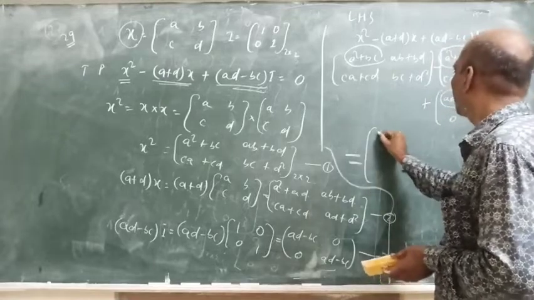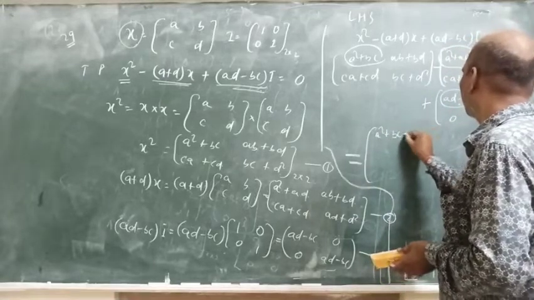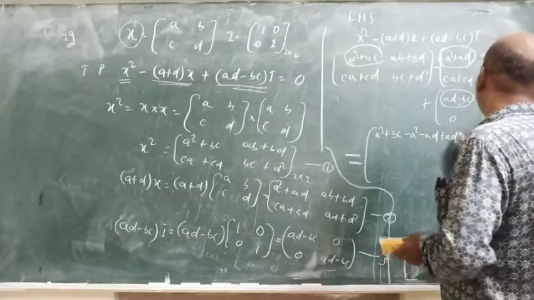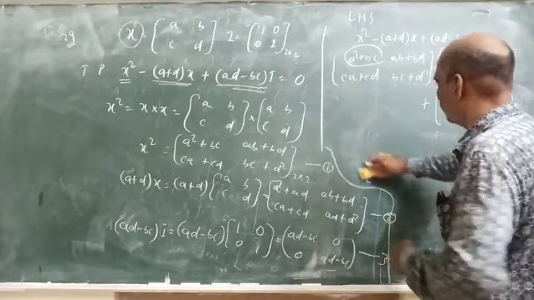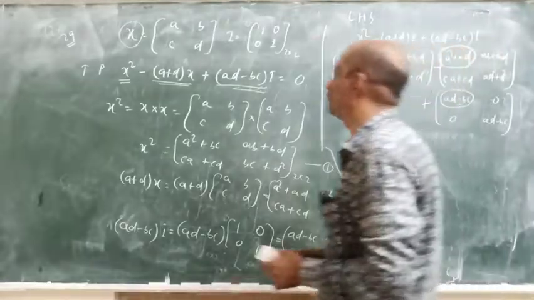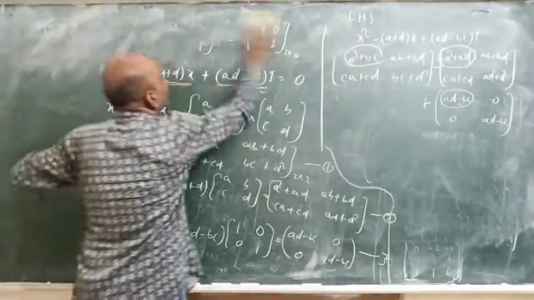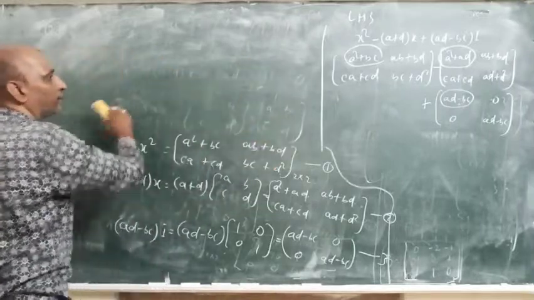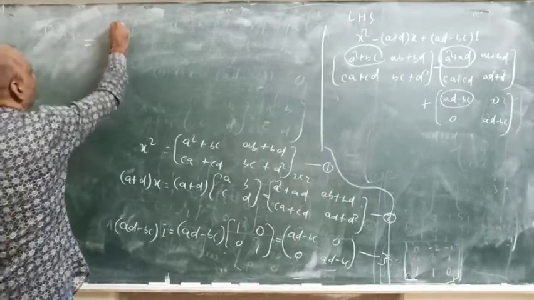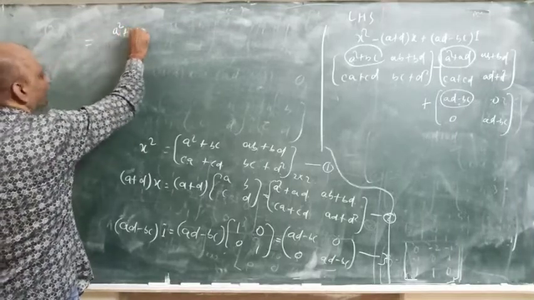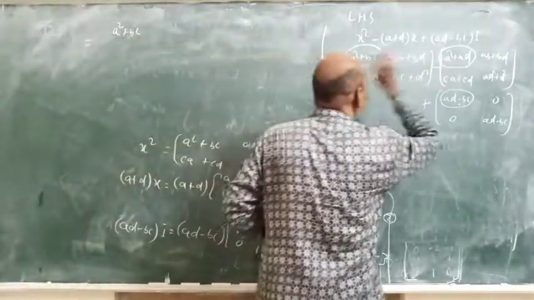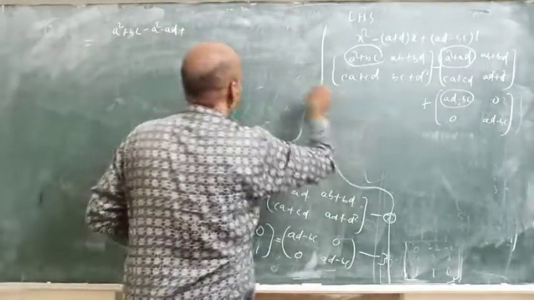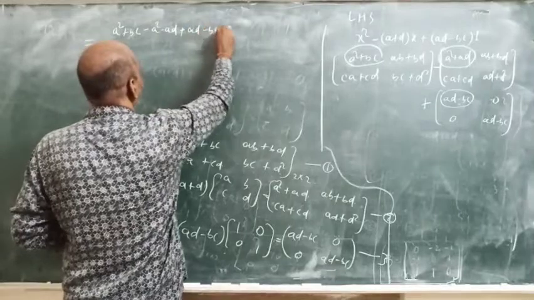I am writing a square plus bc minus a square minus ad plus ad minus bc.